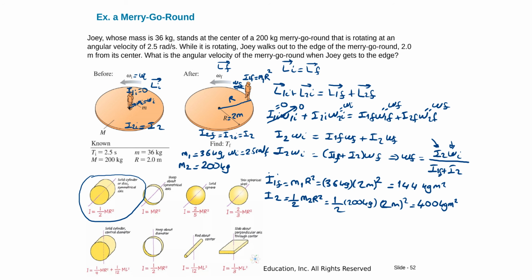We'll say omega final is equal to, as we already found, I2 omega initial over I1 plus I2.